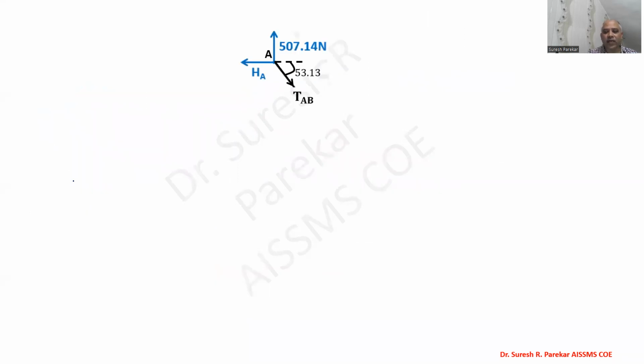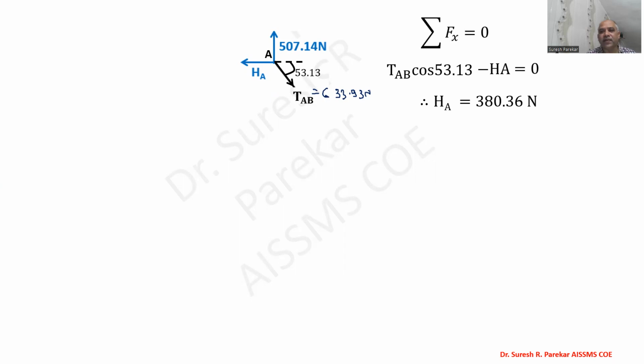Now once I know TAB, 633.93 Newton, then we can find the value of HA. Simply use summation Fx equal to 0: TAB cos 53.13 minus HA equal to 0. And from this we will get HA equal to 380.36 Newtons, because TAB we know as 633.93 Newton.